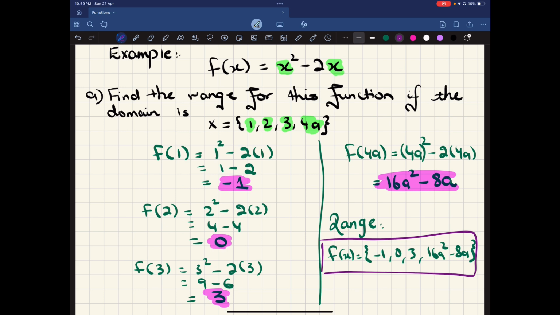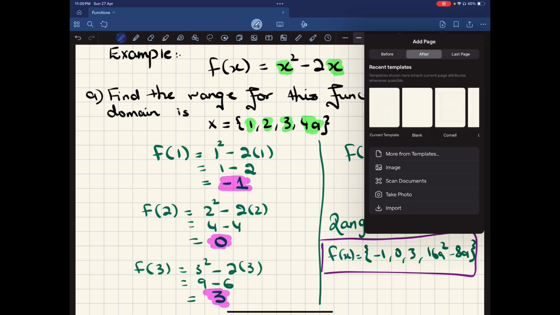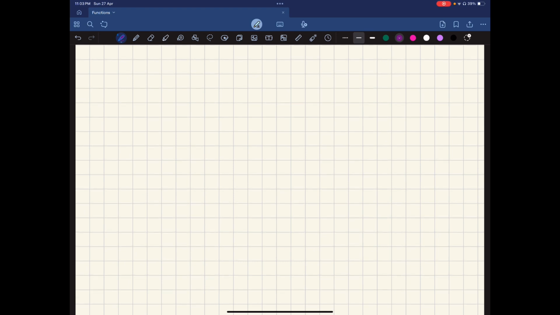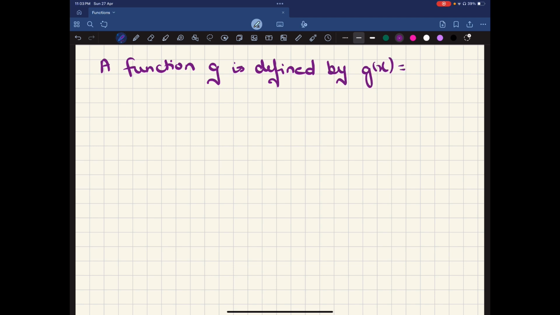what happens when rather than separately stating the elements of the domain, they give you a continuous interval for the domain? Let's practice one question. So a function g is defined by g of x is equal to 3 minus 2x.